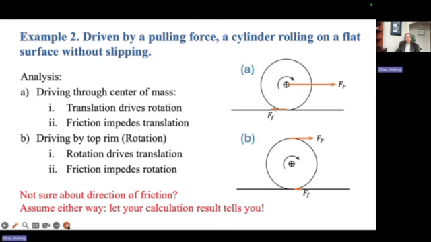So, for example, if we have a cylinder rolling along a flat surface, and this rolling is driven by a pulling force through the center of mass, Fp.